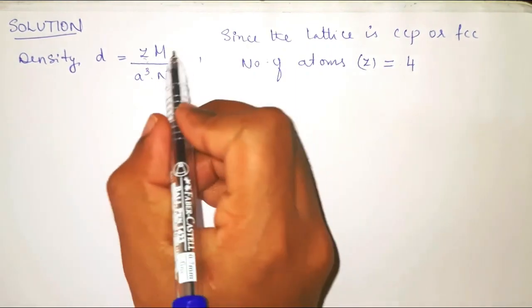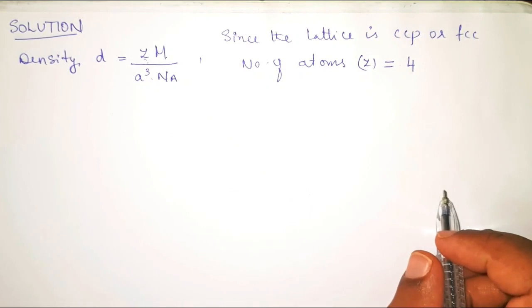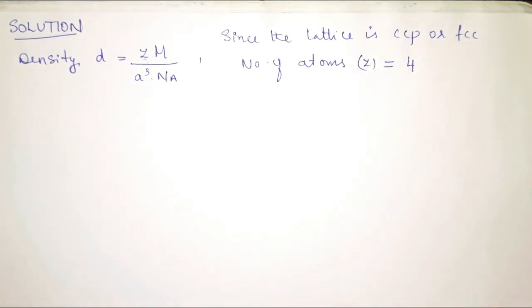Now the next one is molar mass. In the question they have not given the molar mass, but they have given the atomic mass. You know the difference between atomic mass and molar mass, you have already studied in first year. Molar mass is the mass of 1 mole of a substance. Atomic mass is the mass of one individual atom of a substance.